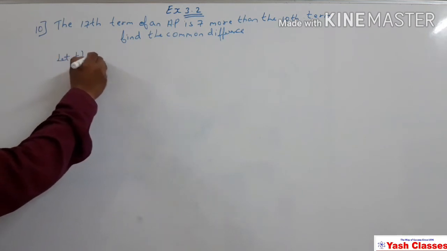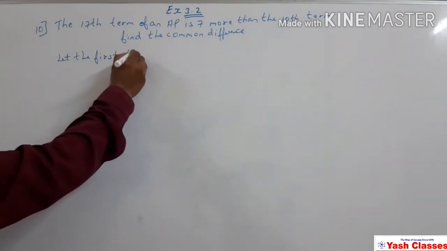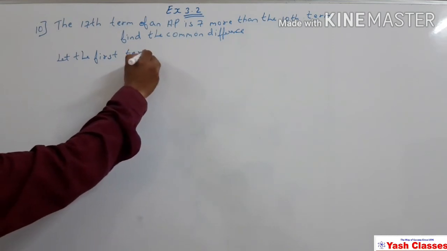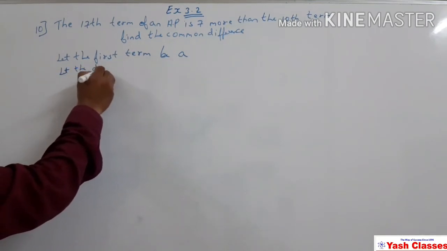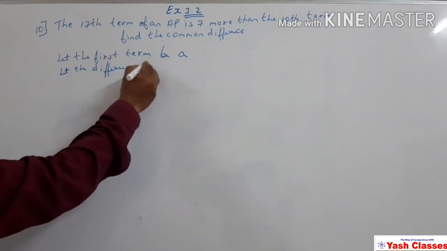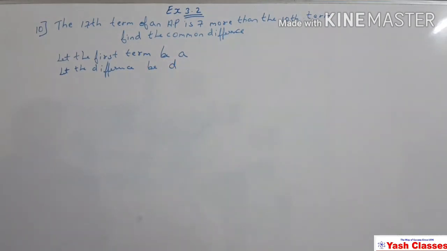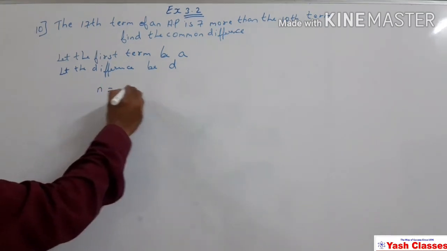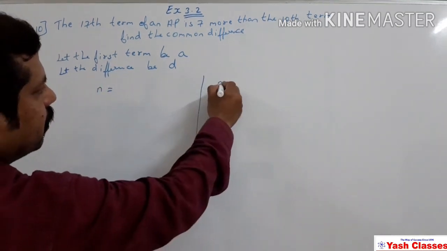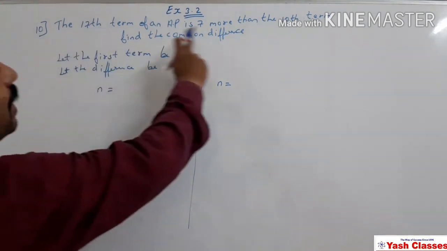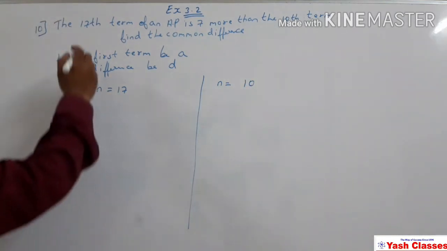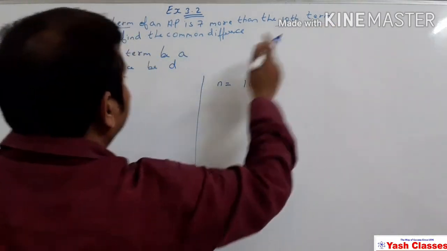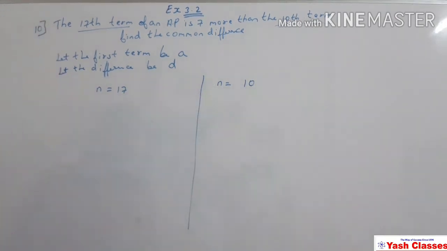Let the first term be A. Let the common difference be D. First term is A and the common difference is D. Now here n is given, 17th term and 10th term. Here n is 17 and here n is 10.